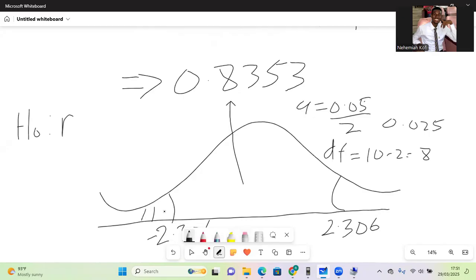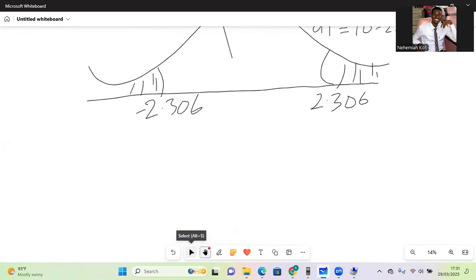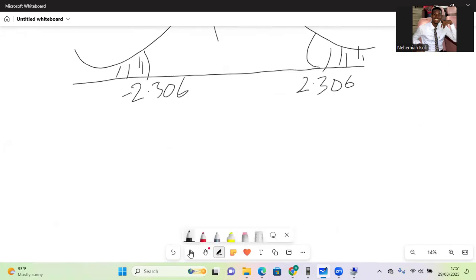Here is the reject region, and here is the do not reject region. So now we can conclude that we do not reject H0.